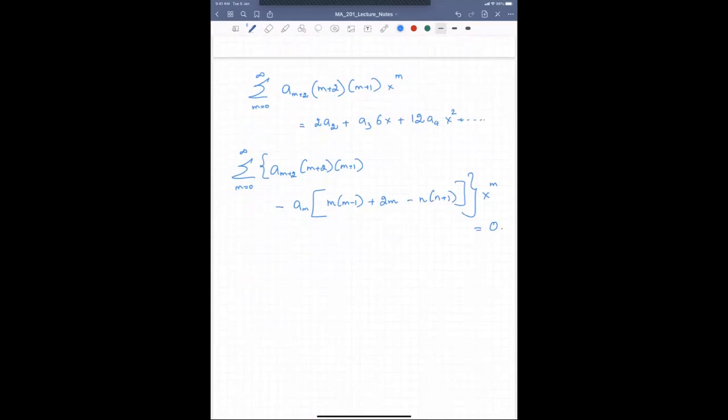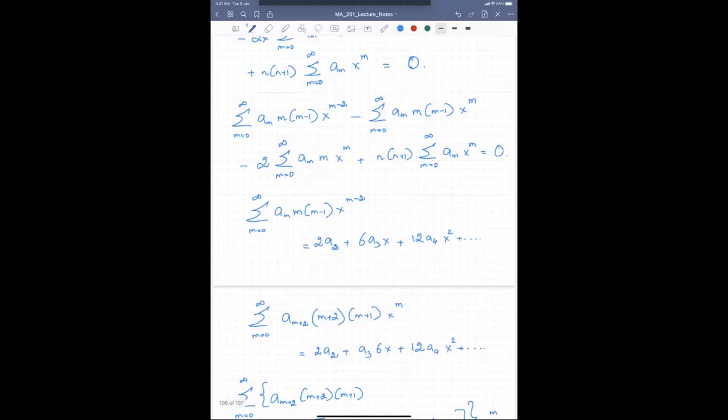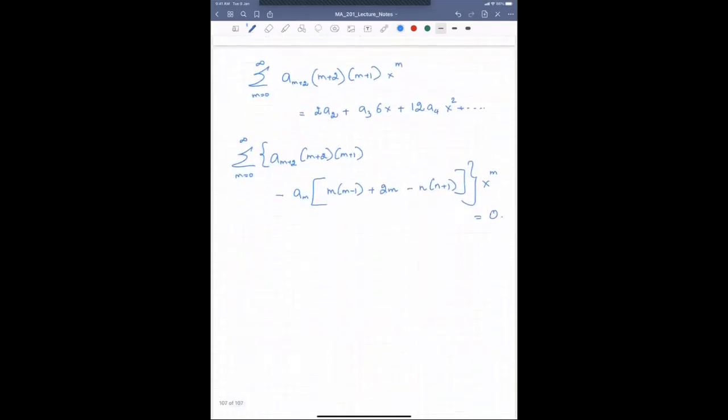So this is my differential equation. Again, the first term arises because I've done a small redefinition. This is why my coefficient is not am, but am plus 2. And this is not a glitch. This is exactly what I want. This will help me write down the recursion relation. The second, third, and fourth terms are all proportional to x to the m and am, so I've pulled out a factor of am.